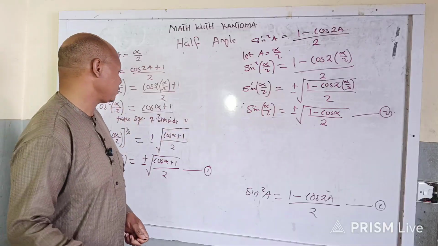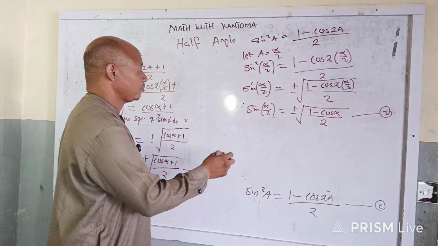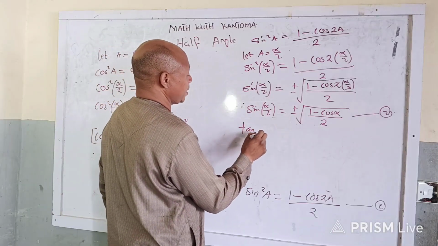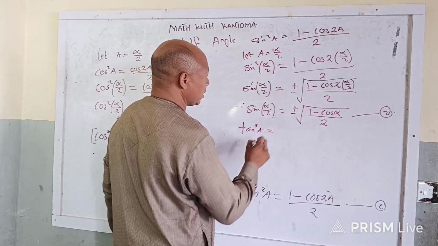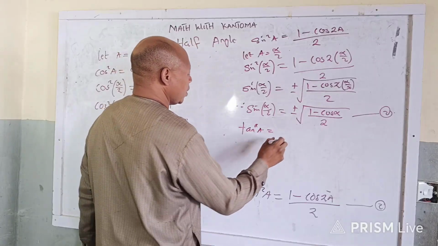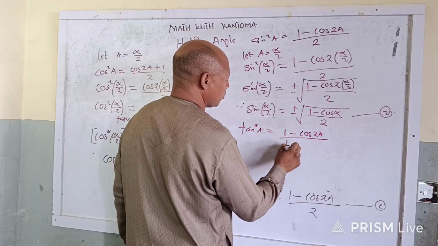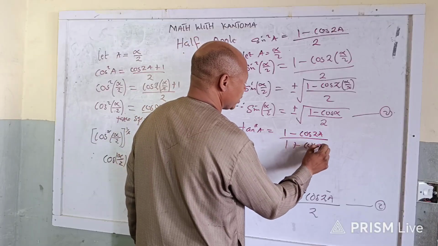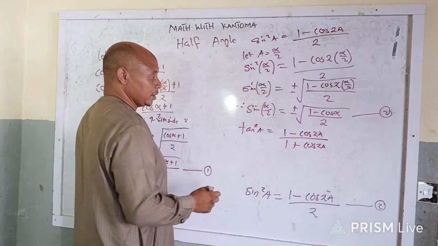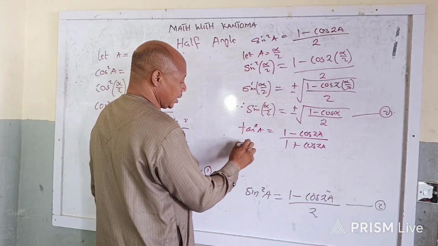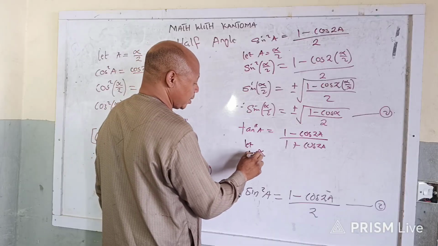Next we'll be deriving the half angle formula for the tangent. Tan squared A is denoted by 1 minus cos 2A all over 1 plus cos 2A. This is the formula we'll be using to derive the tan of the half angle. Let also A be equal to alpha over 2.